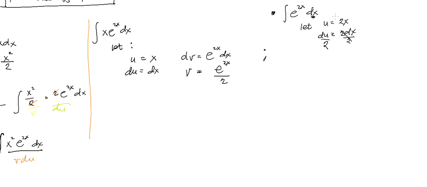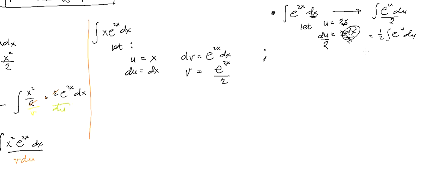After this, let's do the formula for the integration by parts. The integral of x e^(2x) dx is now uv.